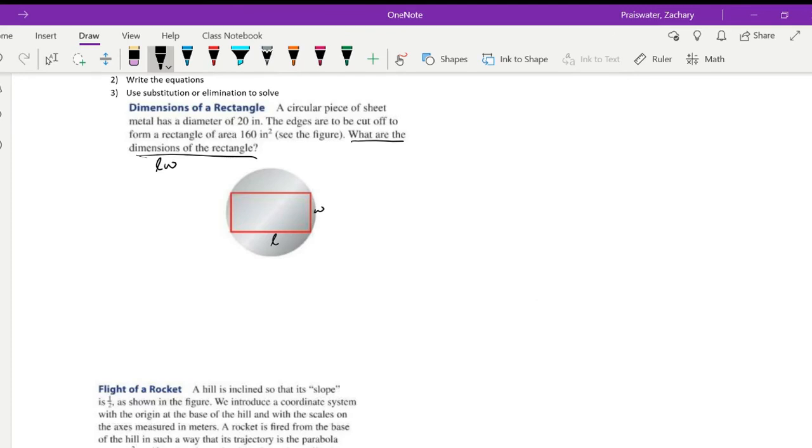Diameter is 20 inches. Now this is where this problem is tricky, I think, because most people will think about diameter as up or down, but that doesn't give us any information. You can draw a diameter anywhere on the circle, and the one that's the most useful in this case is here, because that gives us a right triangle. And I know this is 20 inches.